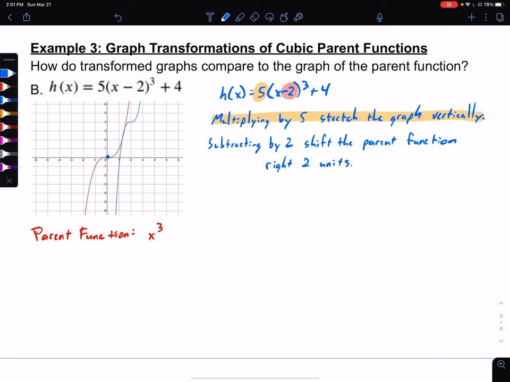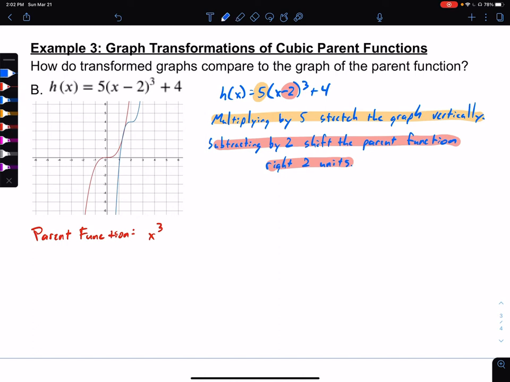And if we look at this origin spot here, where we're going to be changing directions, we're going over 2 places. So that's our shift right 2. Again, hopefully most of this is review for us. So by subtracting 2, we're moving to the right. You want to remember that that number on the inside is the opposite. So if you're subtracting, you're going right. If you're adding, you would be going left.